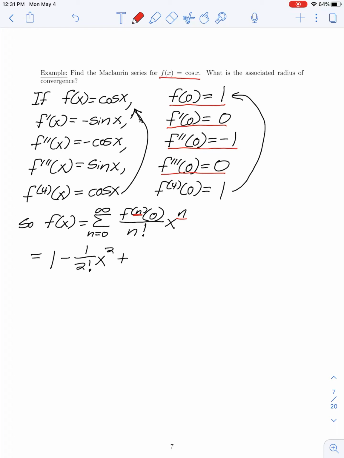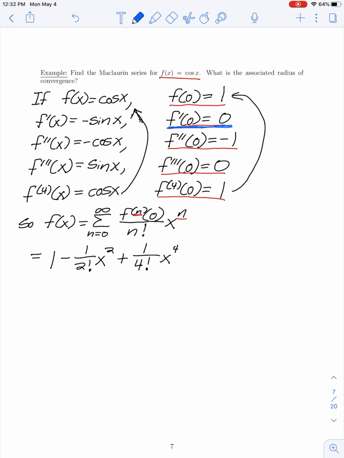And then when n equals 4, our fourth derivative at 0 was a positive 1. We're then dividing by 4 factorial, multiplying by x to the 4th. Then our next term would be the 5th derivative. When n is 5, we get the 5th derivative, which would be the same as what we had for the first derivative at 0. So since that coefficient is 0, there is no x to the 5th term.